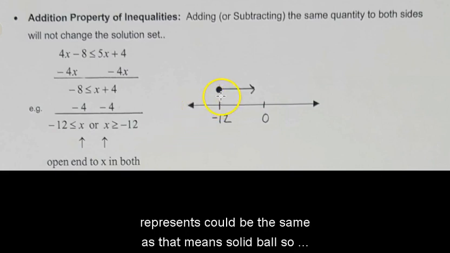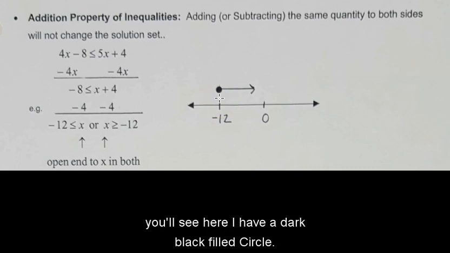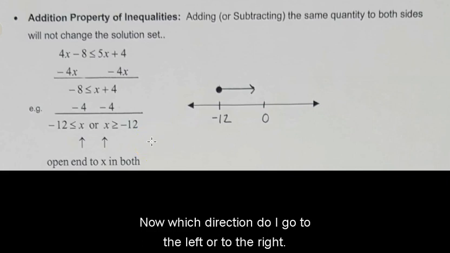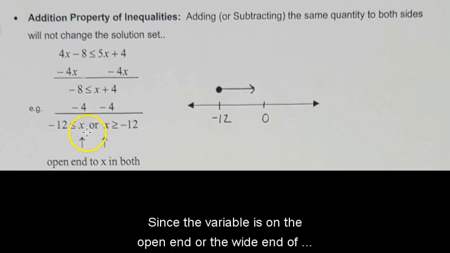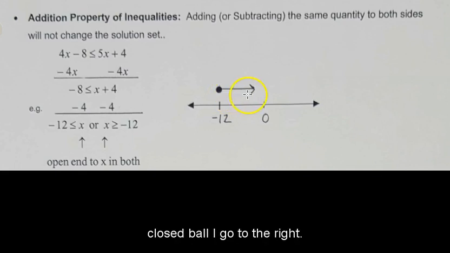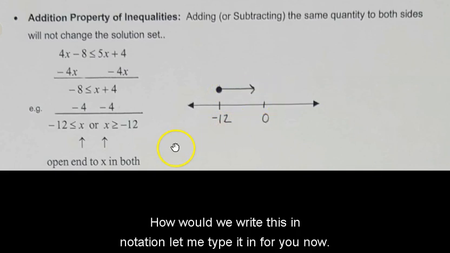That means solid ball, so you'll see here I have a dark black filled circle. Now, which direction do I go, to the left or to the right? Since the variable is on the open end or the wide end of both symbols, that means go to the right. So from the closed ball, I go to the right. Now, how would we write this in notation? Let me type it in for you now.